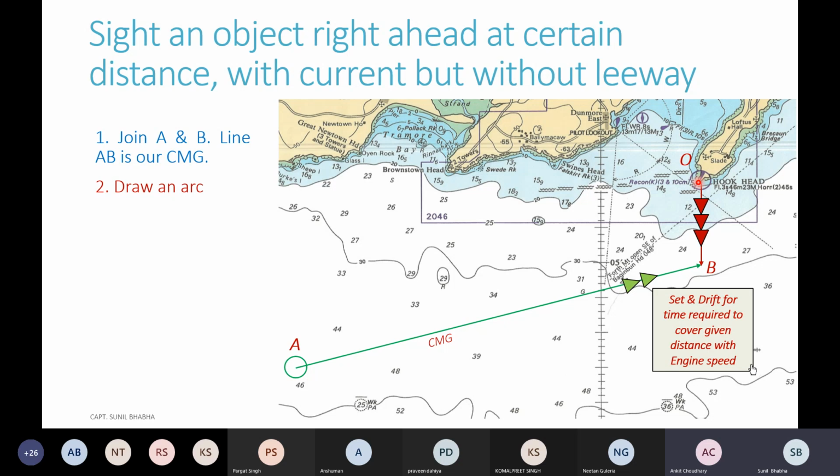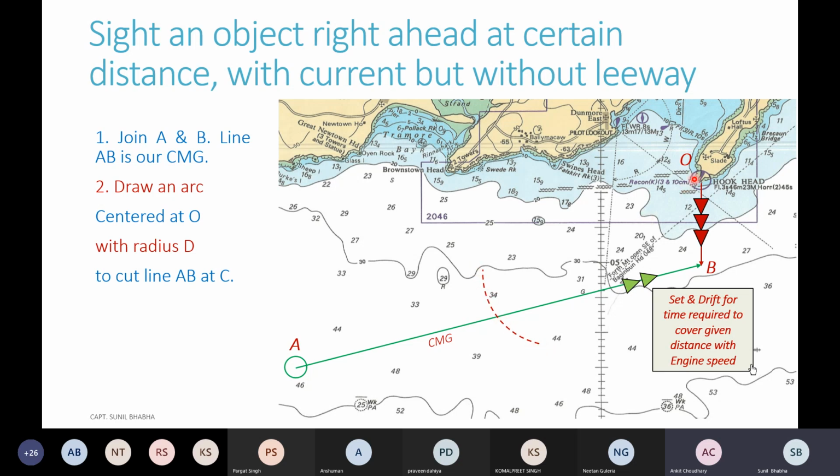The compass is open, radius is equal to the distance at which it should be sighted right ahead. And now we are going to draw an arc so that the arc cuts our course made good line AB. So let's draw that arc. You can see the arc plotted on the chart now.